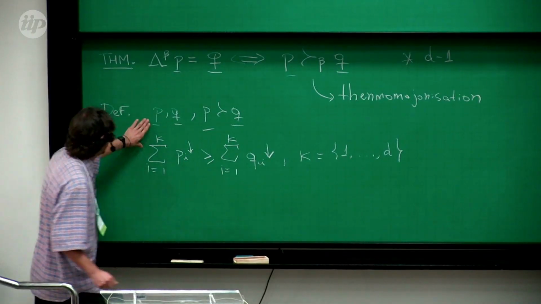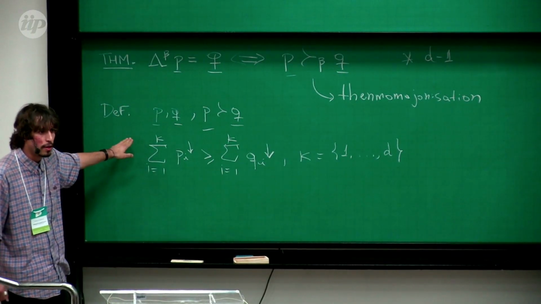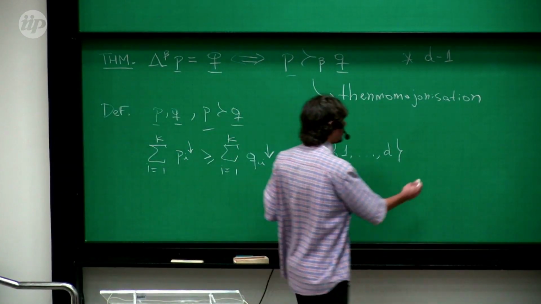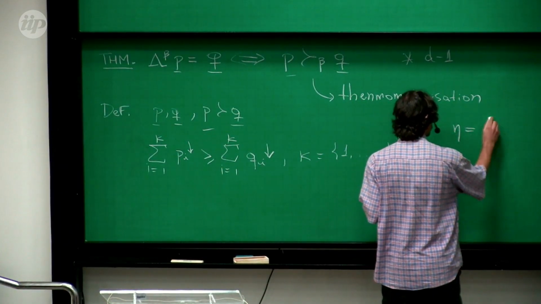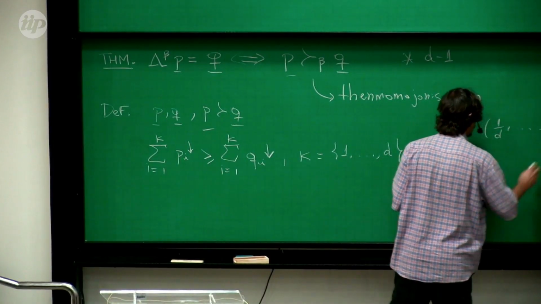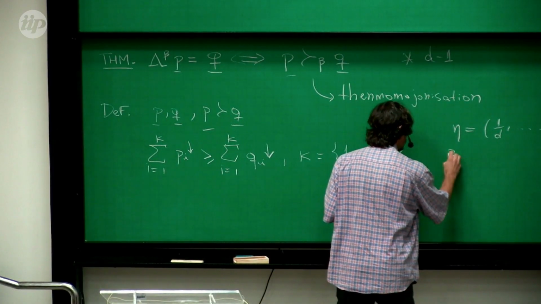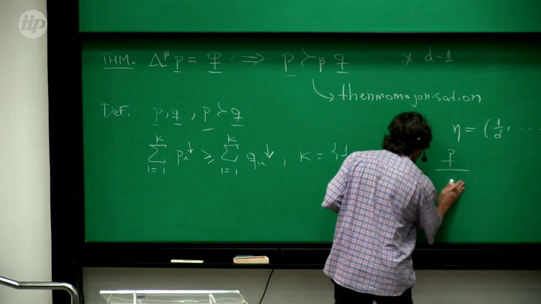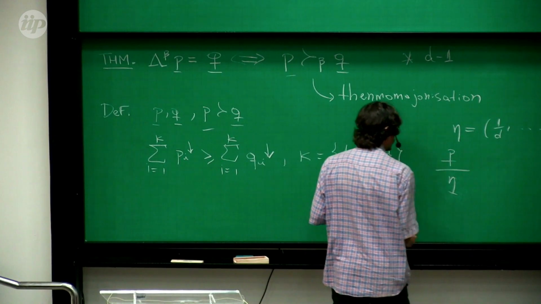So we could interpret this as a majorization relative to the uniform distribution. What do I mean? Imagine that we have our uniform distribution, which is 1 over D everywhere. Then we take P, and then we divide it by eta, entry-wise.